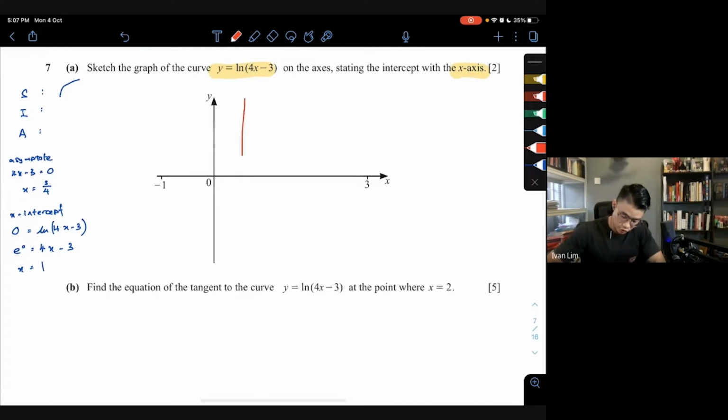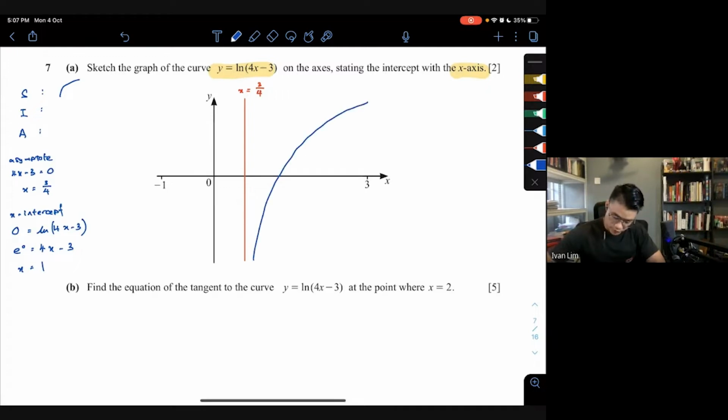Then let's draw it out. Your asymptote is 0.75, or just now what we found, 3 over 4. And then our graph has the shape, and it intercepts at 1.